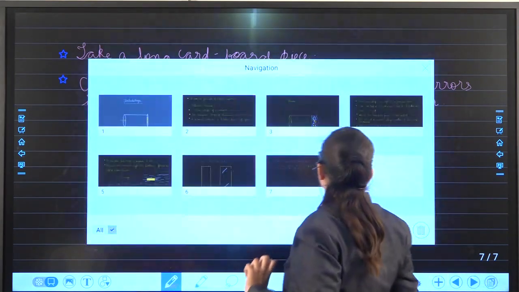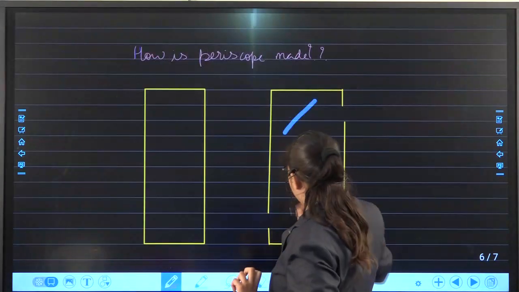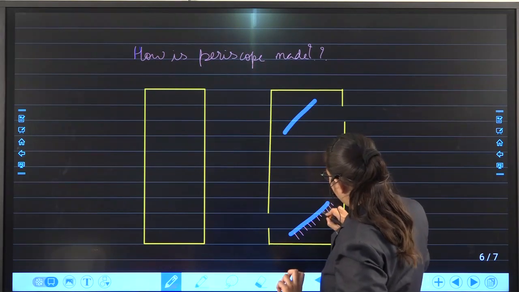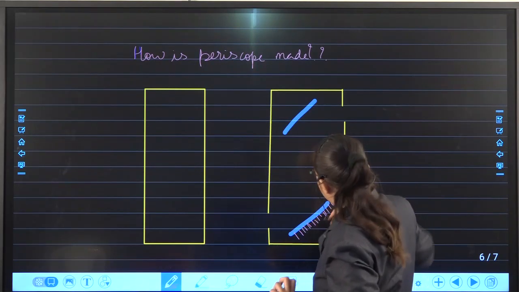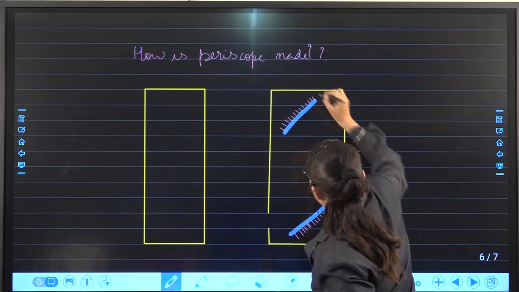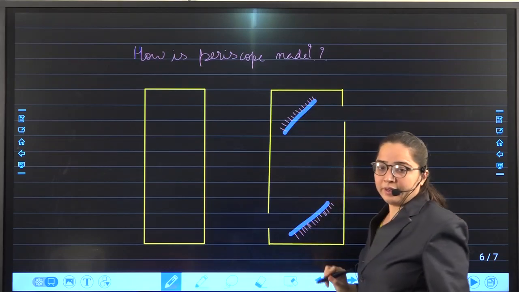These are the reflecting surfaces, the outer surfaces, and you can see very well that they are facing each other. Okay.